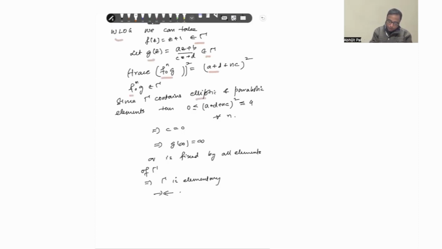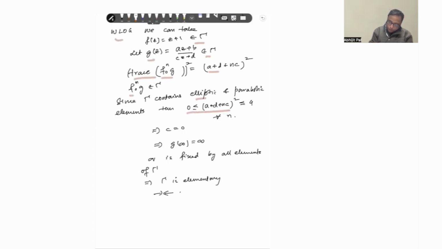So therefore, the trace of this matrix has to be less than or equal to 2, and the square of that will be less than or equal to 4. So therefore, what we have is 0 is less than or equal to the square of a plus d plus nc, which is less than or equal to 4.